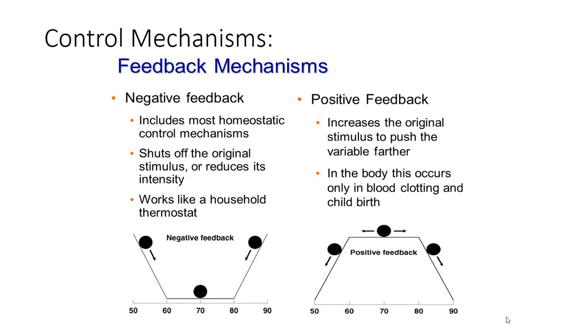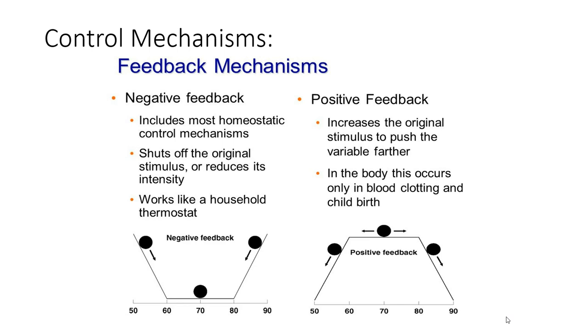It's an enhancement or amplification rather than a reversing or opposition effect. It reinforces the stimulus or increases the original stimulus. Examples of positive feedback, again, would be blood clotting when you're bleeding and childbirth.